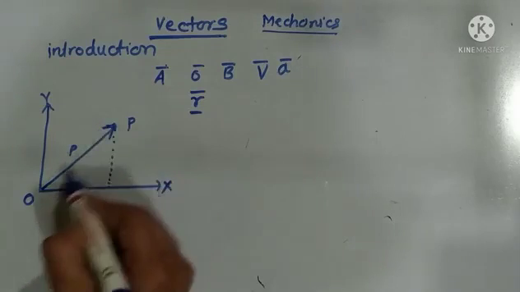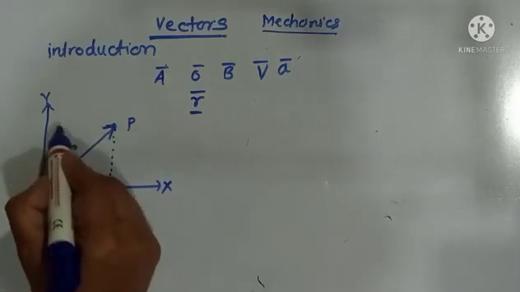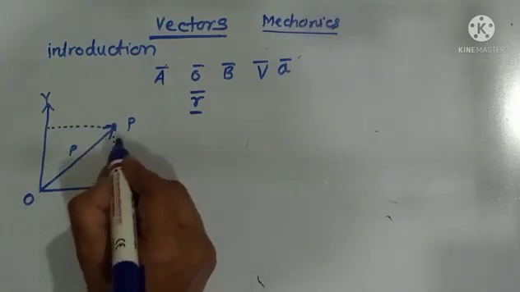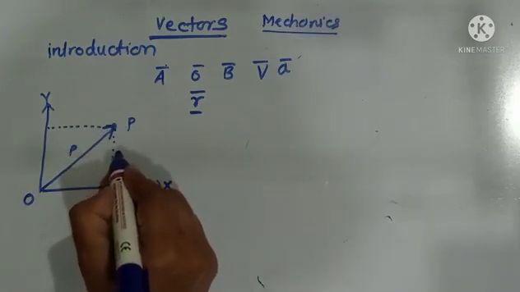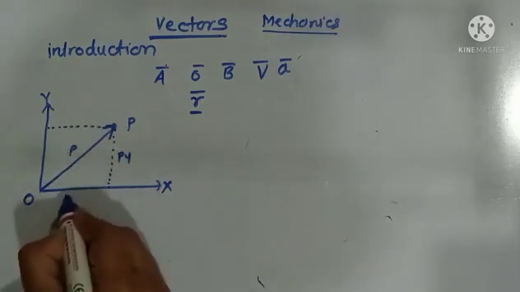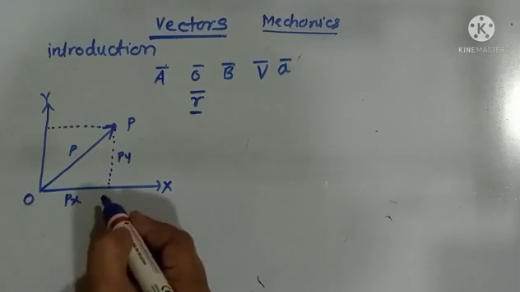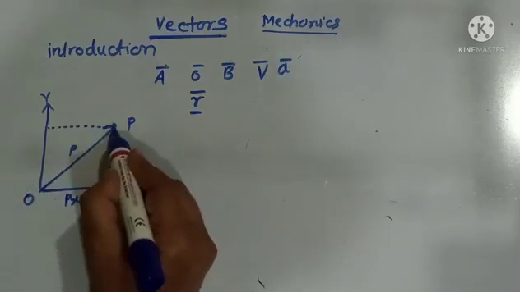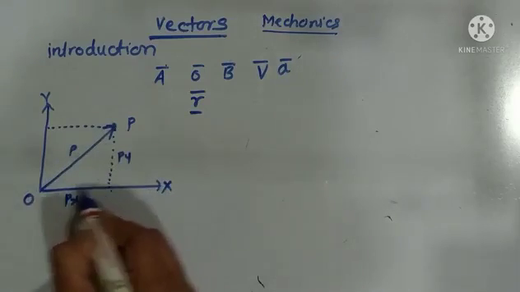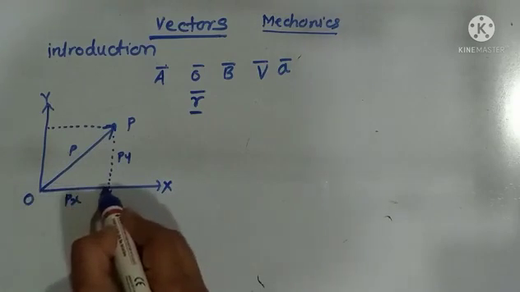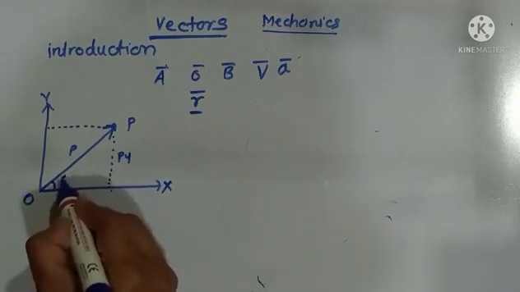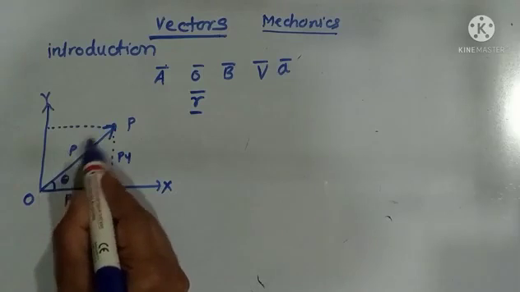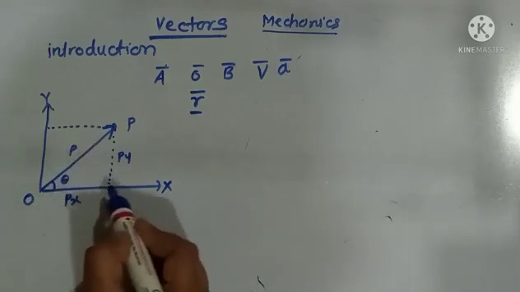This is the head of the vector and this is the tail of the vector. Let this distance be Py and this distance be Px. So the magnitude of this vector is P, of this part is Py, and of this part is Px. Suppose this is the angle theta made by vector P with Px.